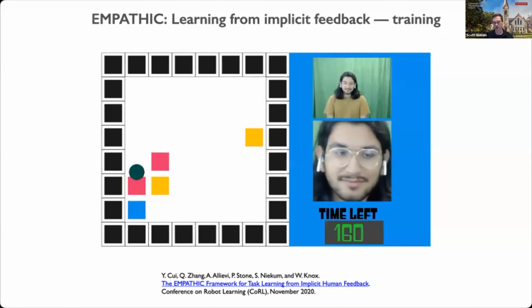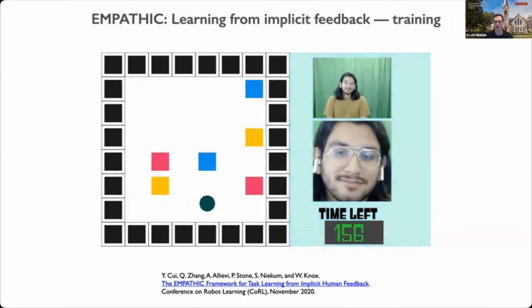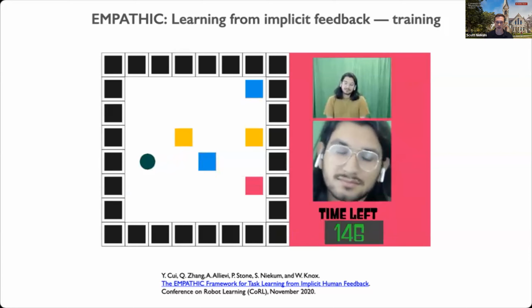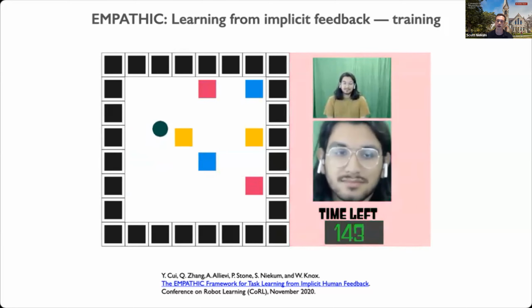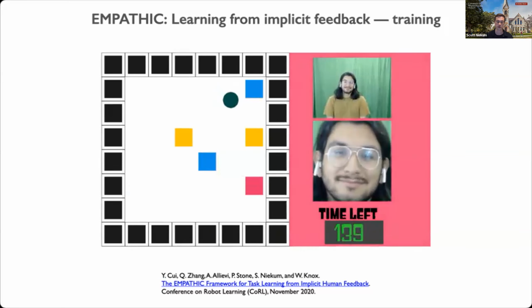And every time it picks up a blue square, for example, you get 50 cents. And every time it picks up a red square, you get $1. And every time it picks up a yellow square, you lose $1. So we assign different positive and negative money amounts to this so that they're really invested in what they're doing. And we learn how to interpret their facial reactions, which are different for everybody.